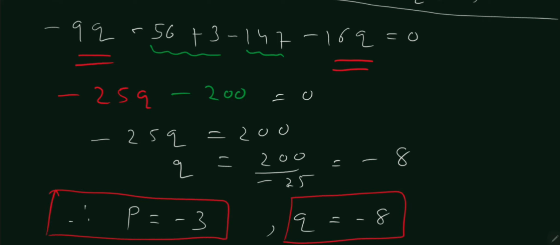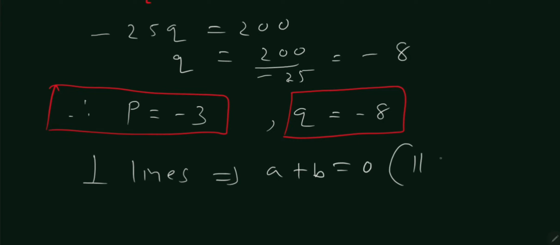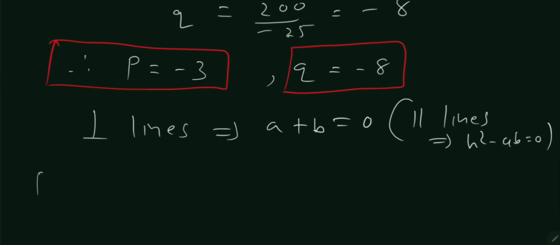For you, I write formula one more time. The formula which we use here is, one thing which we have used here is perpendicular lines means a plus b equal to 0. The question could have been parallel lines also. If it was a parallel line question, I would have written h square minus ab equal to 0. The second part is pair of line.